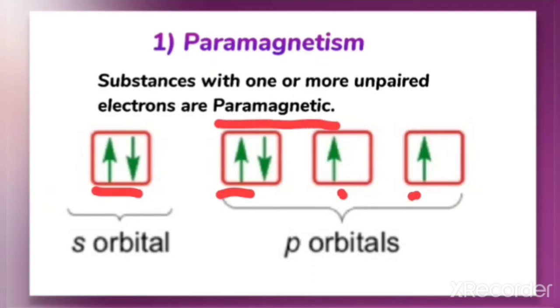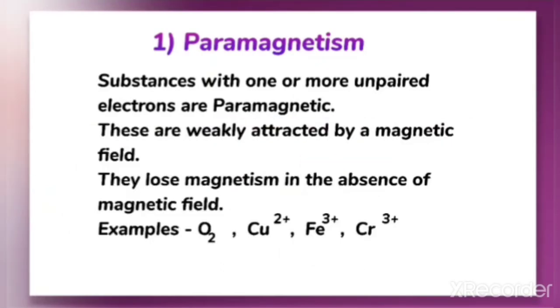How can we identify a substance as paramagnetic? When we find one or more of its electrons unpaired, we call it paramagnetic. These are weakly attracted by a magnetic field. When we apply a magnetic field, they are weakly attracted, and they lose the magnetism in the absence of the magnetic field.